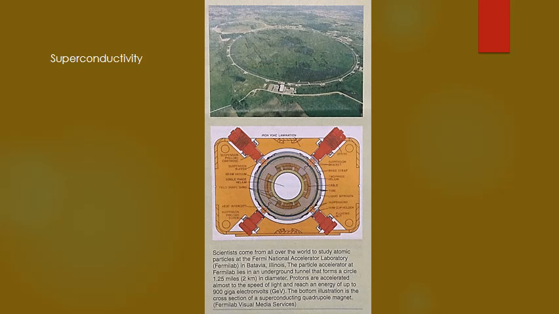These electron pairs are bound to one another and flow without resistance around impurities and other imperfections. In an ordinary conductor, resistance occurs because its unbound electrons collide with imperfections and then scatter.